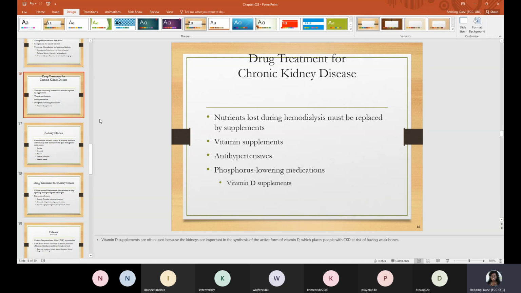Vitamin supplements are often used because the kidneys are important in the synthesis of the active form of vitamin D, which places people with CKD at risk of having weak bones. Other drug treatment for CKD would include antihypertensives, as well as a phosphorus lowering medication. So they would definitely also be on vitamin D supplements. And so these are some of the drug treatment for patients who are going through CKD.